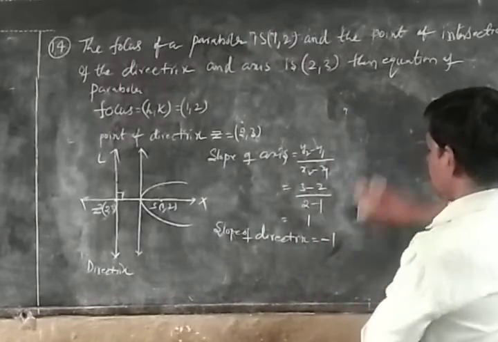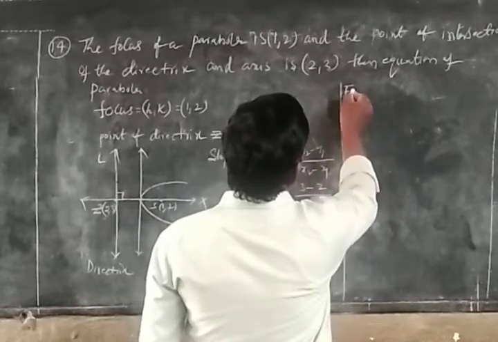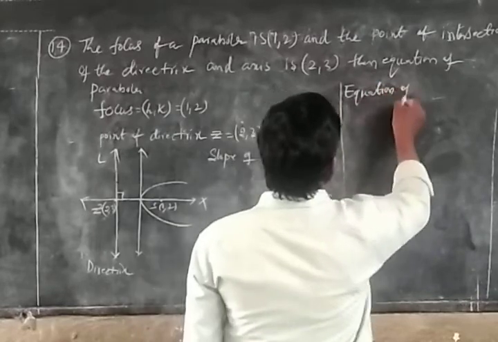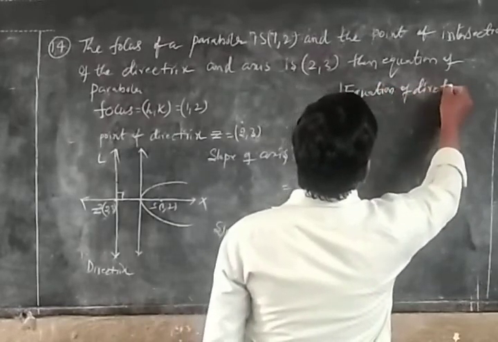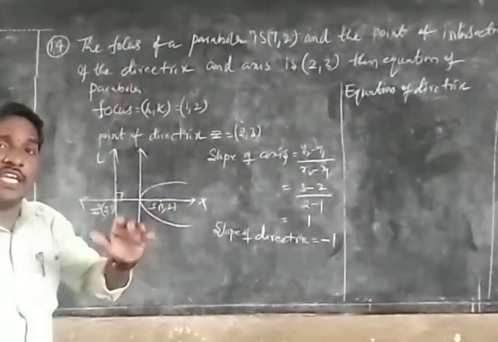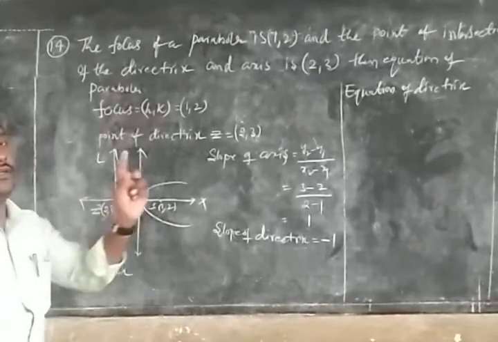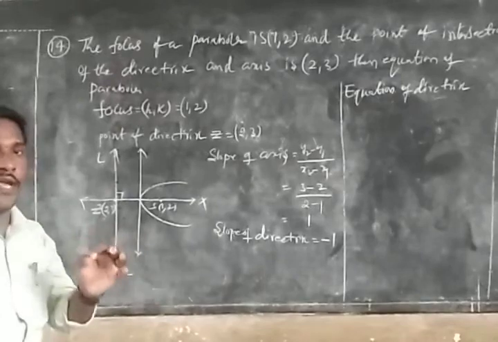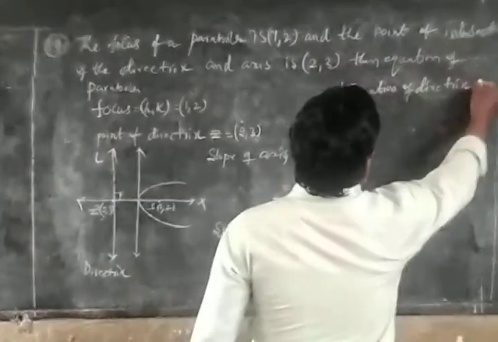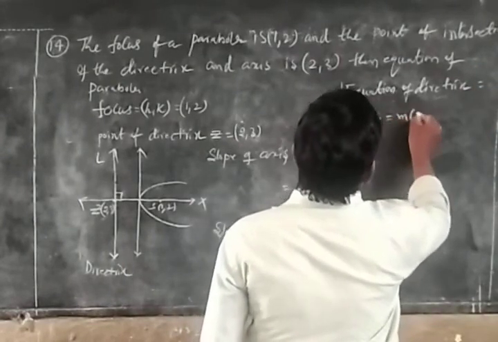Now, the equation of the directrix. If we know a point and the slope, we can calculate the equation of the directrix using the formula y minus y1 equals m into (x minus x1).